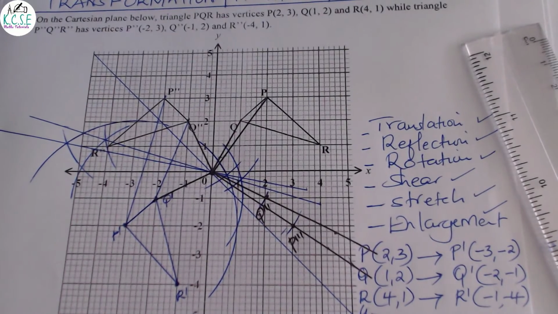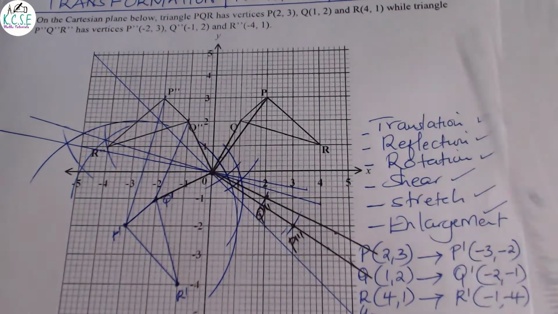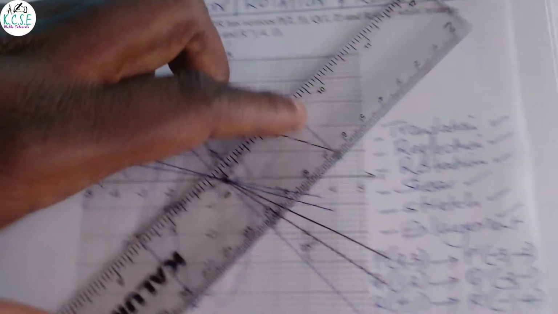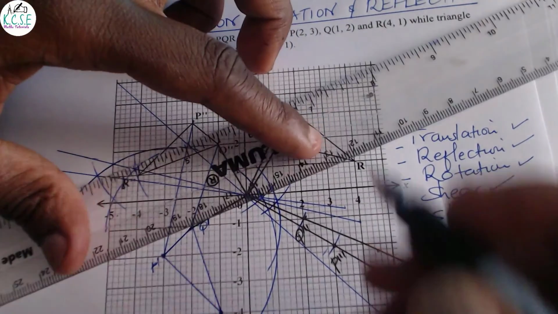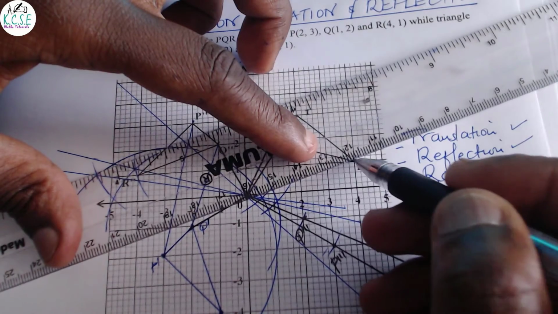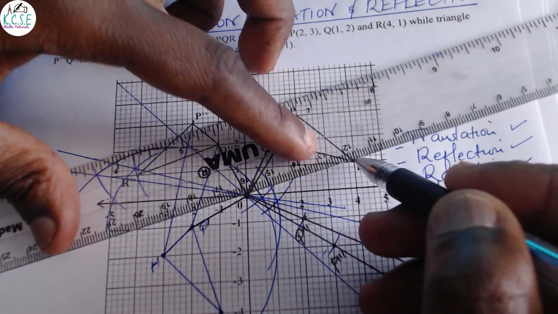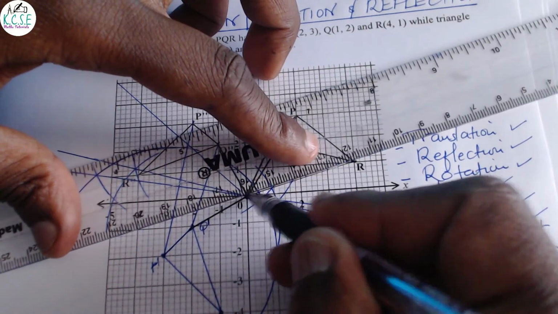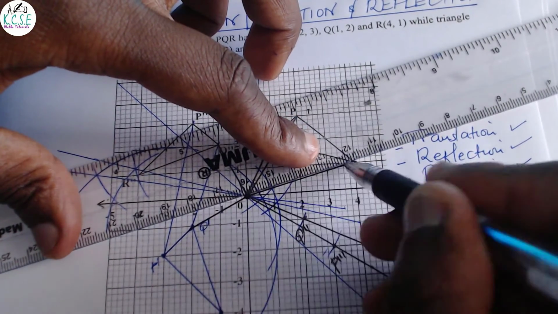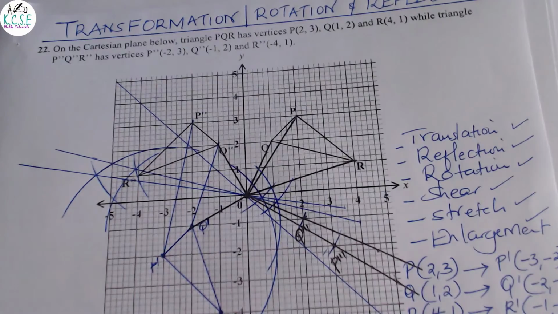Then the last one is R. So join R to the center of rotation, like this. R to the center.